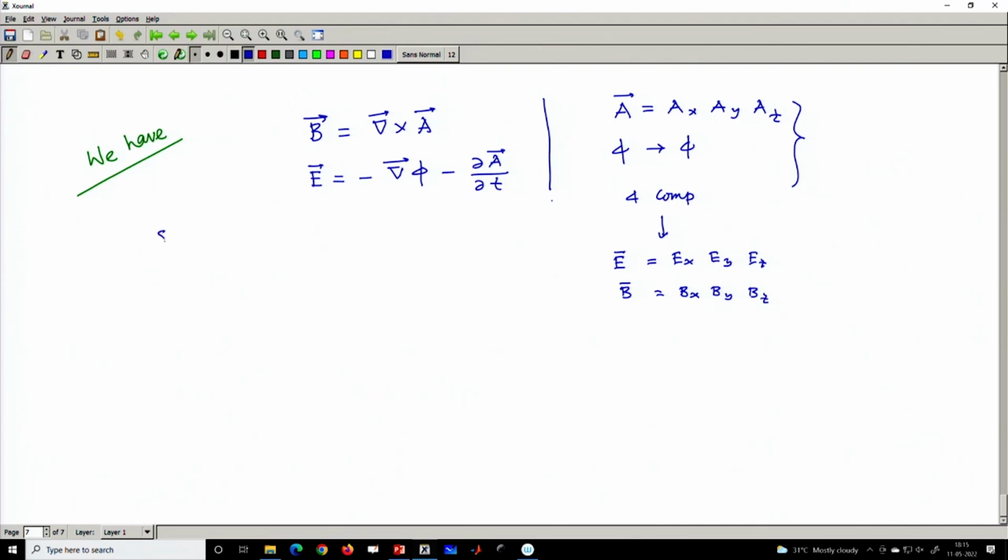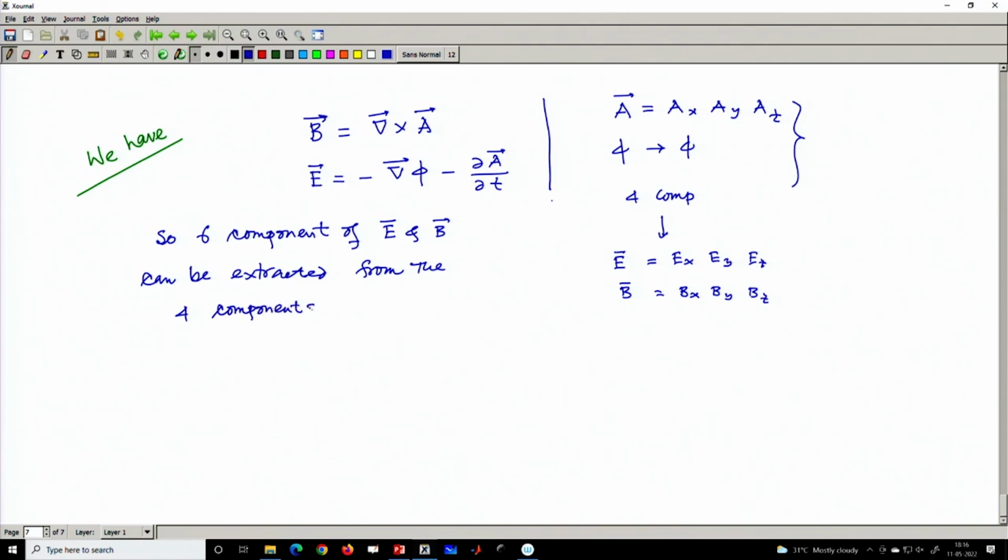So, what should I write? The 6 components of E and B, that is 3 components of E and 3 components of B, can be extracted from the 4 components of the vector field A and the scalar field phi.